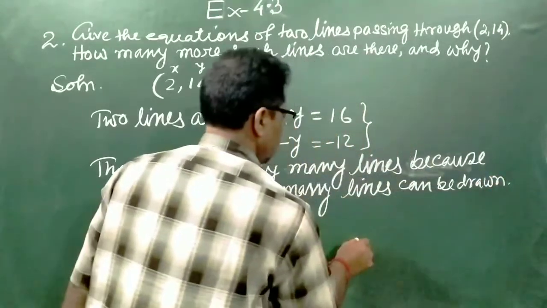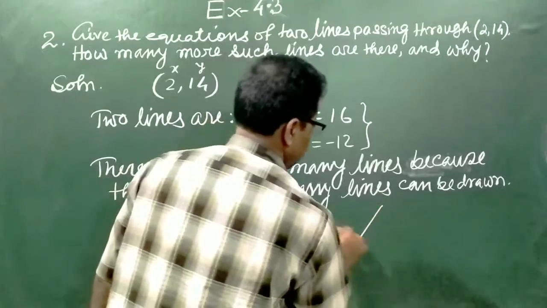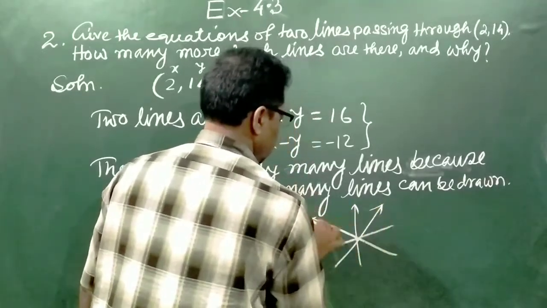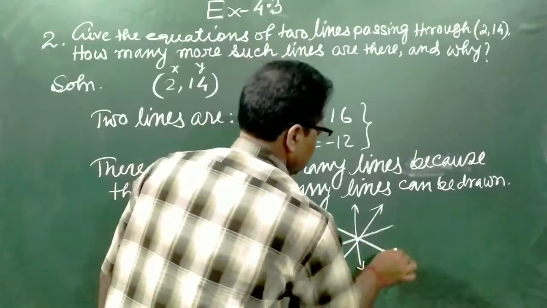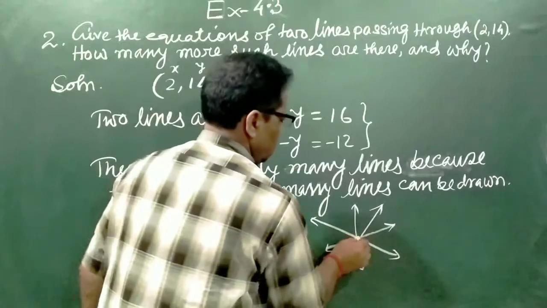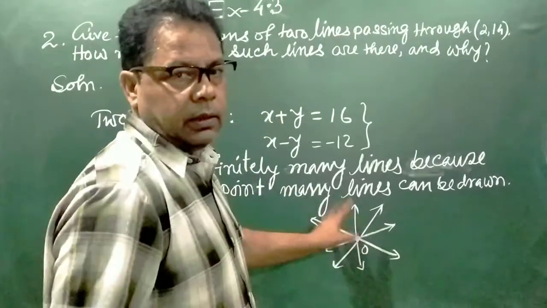For example, this is the point, and an infinite number of lines can be drawn here in this area. Through one point infinitely many lines can be drawn. So that is the reason.